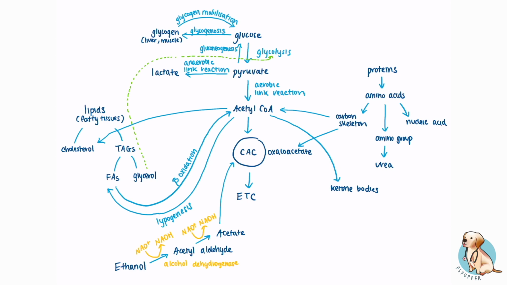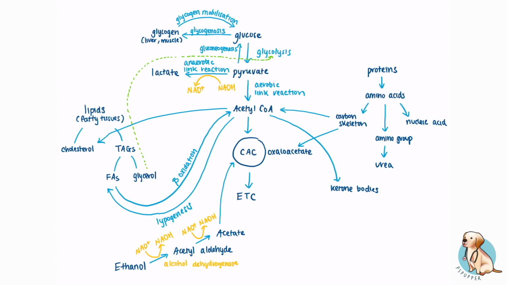Okay, so one more important thing to note is, so we had a look at alcohol metabolism and the NAD+ and NADH that is formed. Okay, we can contrast this to the anaerobic link reaction. I forgot to put that in earlier, but here we have NADH powering this reaction, forming NAD+. Okay, so this suggests that if we consume a lot of alcohol here, we're forming a lot of NADH.